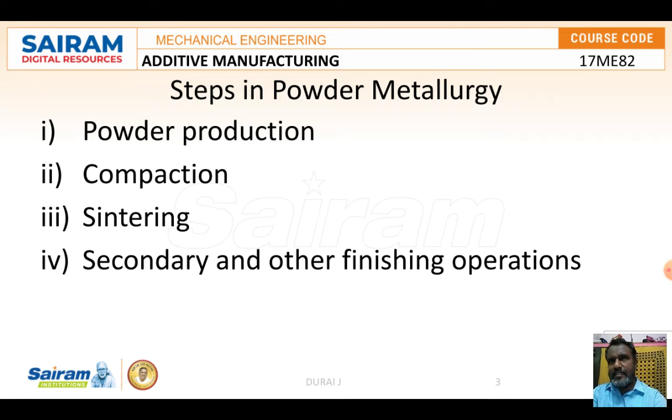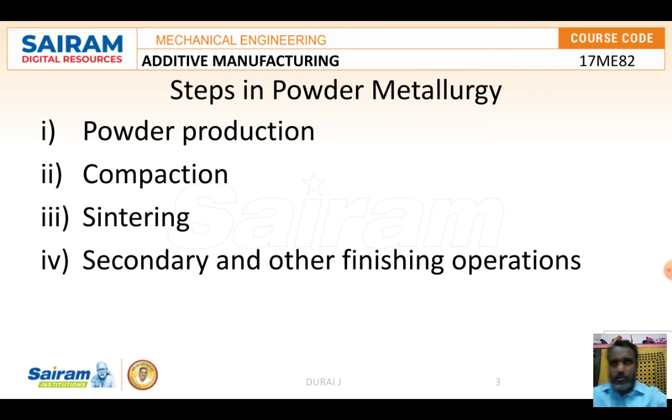The die design is important and must ensure the ejection of the compact. The powder type and its characteristics influence the compaction pressure. The basic purpose of compaction is to produce the green compact with sufficient strength to withstand further handling operations.